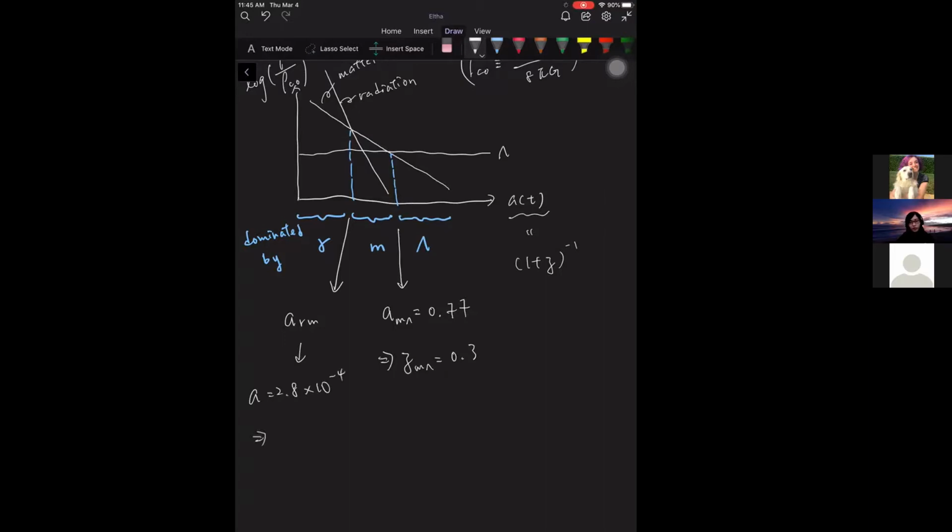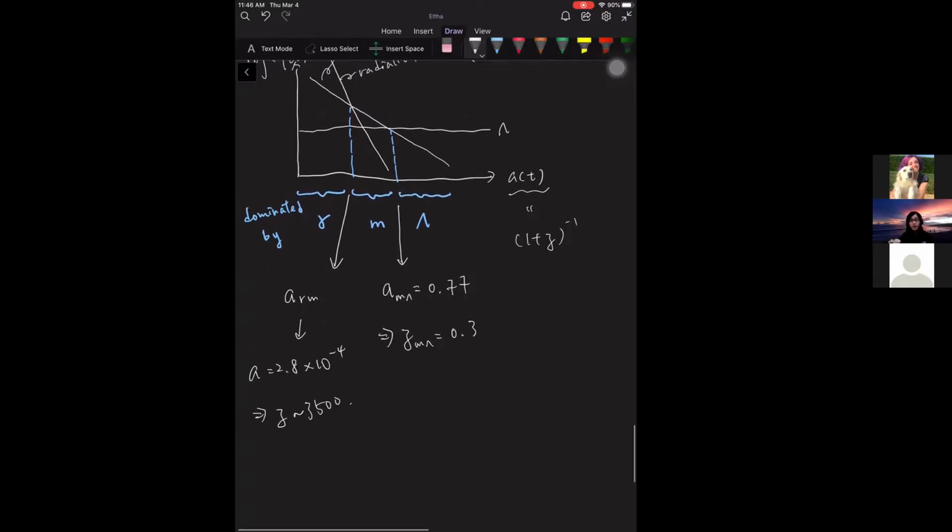If you convert to redshift, I remember it's something around between 3,000 to 4,000. So this is at the very, very early stage of the universe, right? At very, very early time, the universe is dominated by radiation and then matter, and until recently, it's dominated by dark energy.